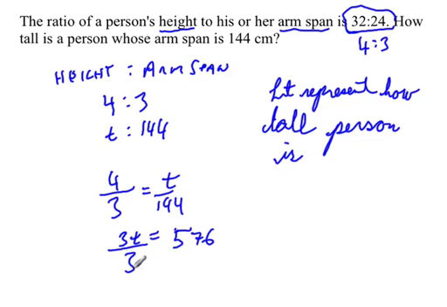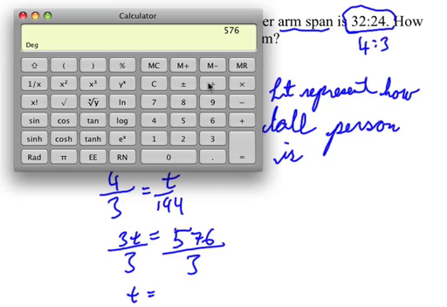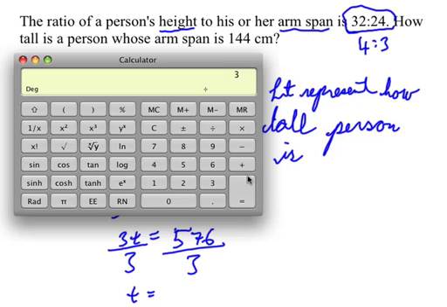And we divide both sides by 3. So T is equal to, and 576 divided by 3 is 192.